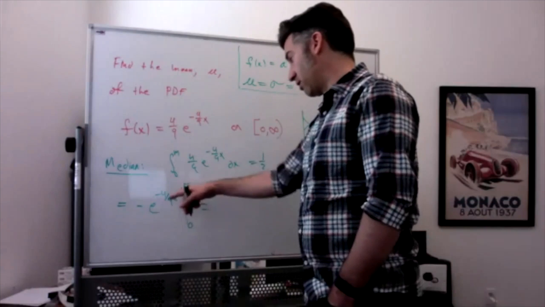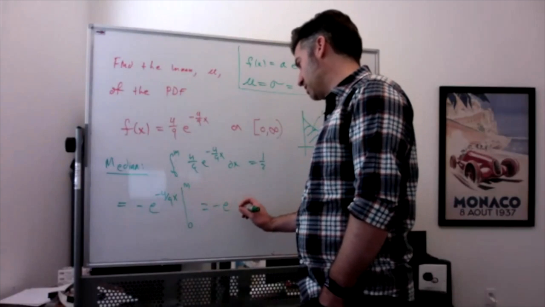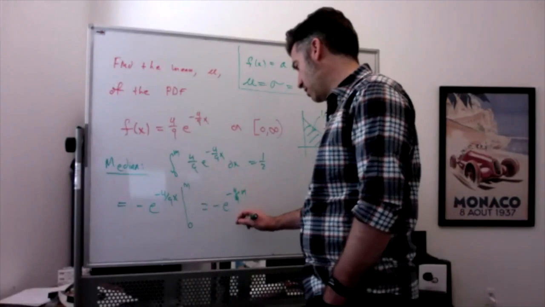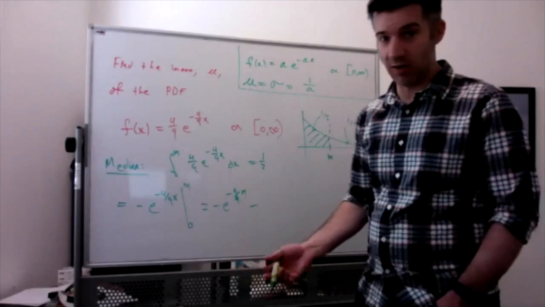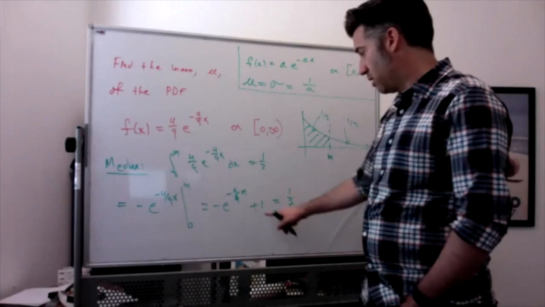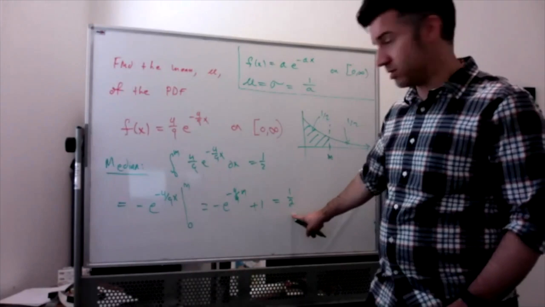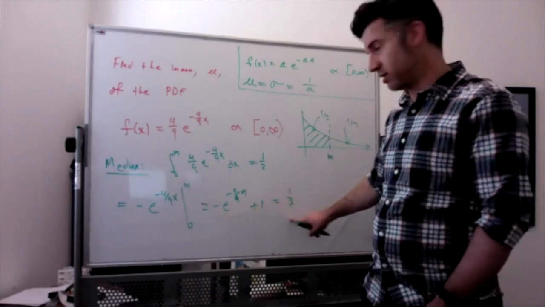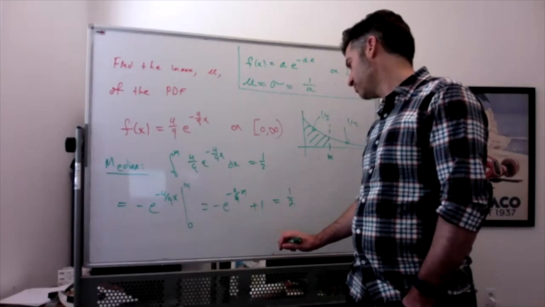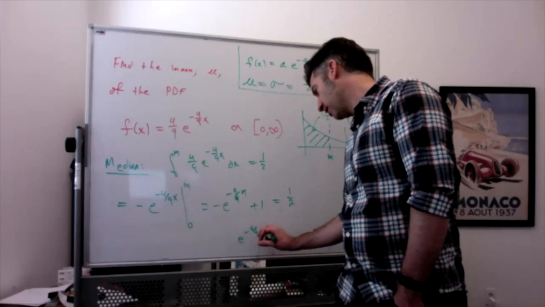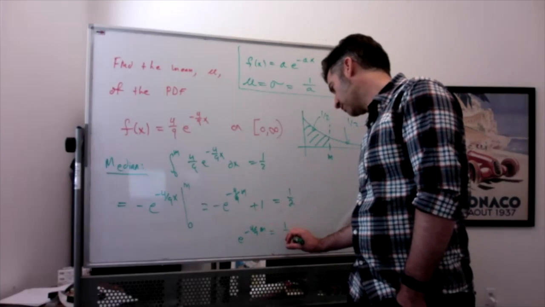Plugging in our limits of integration, you get negative e to the negative 4/9 m minus negative e to the 0, so plus 1, equals 1/2. Subtract 1 and flip the sign, so e to the negative 4/9 m equals 1/2.